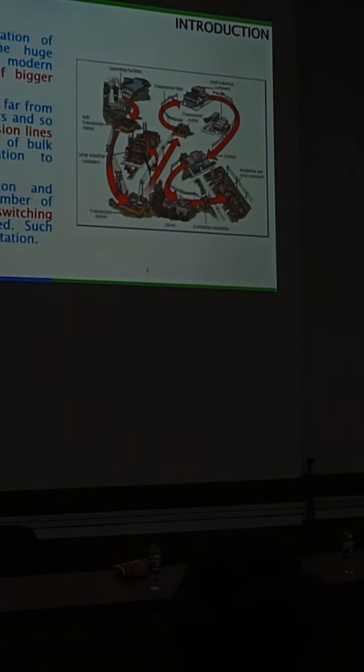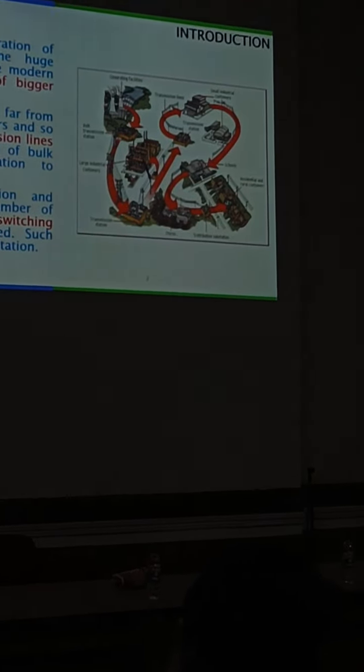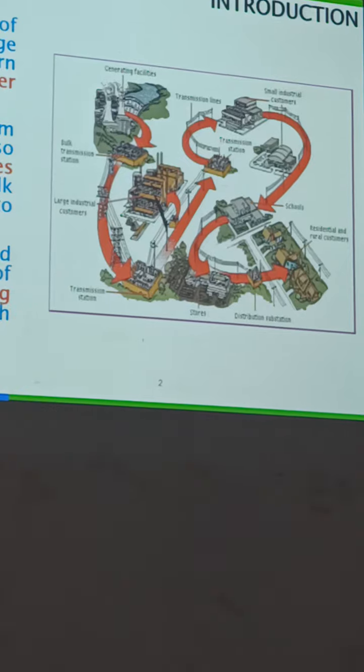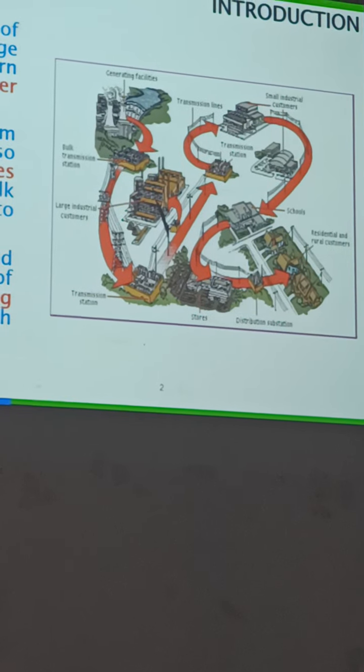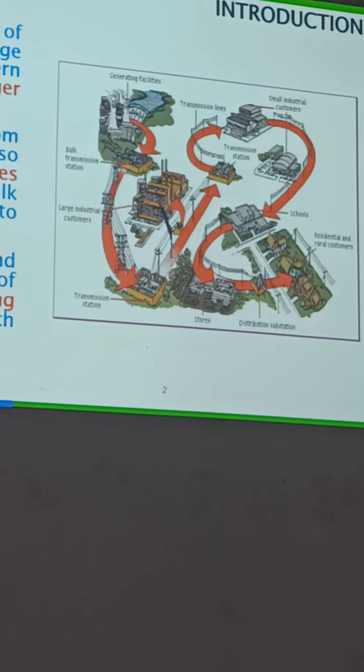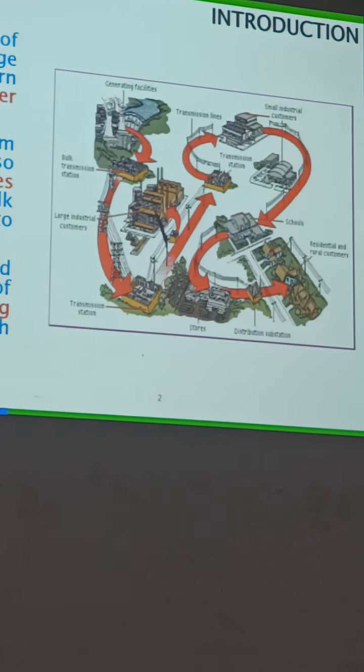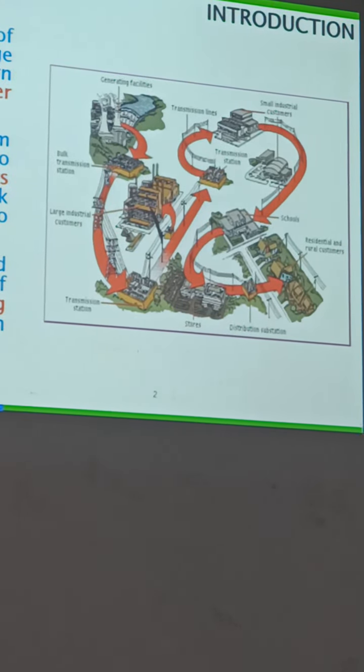This is just a picture of transmission and distribution. All this transformation is done through substations, where you find the transformers. So you have to create a lot of substations between the generator and the consumer.